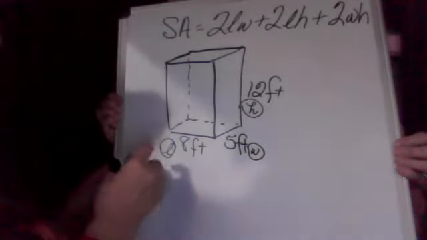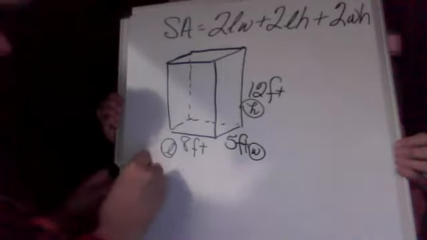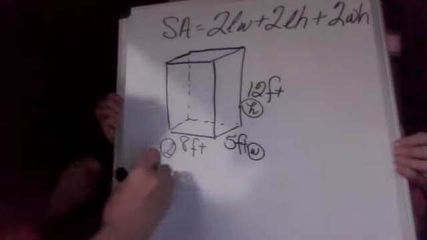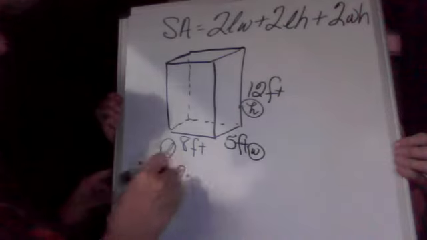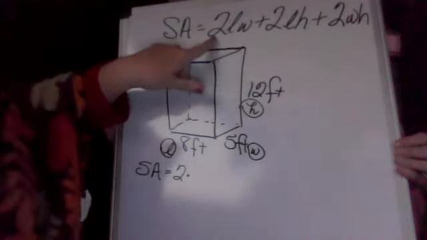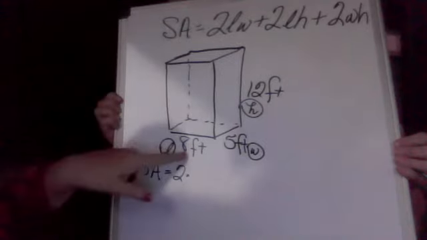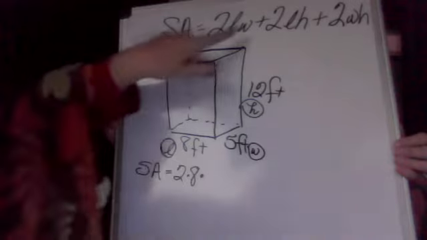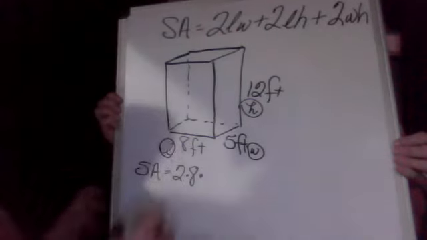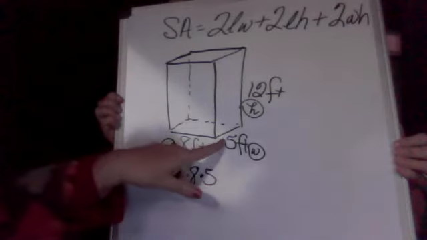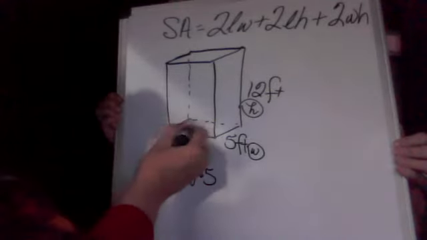So surface area equals, here we go, 2 is part of the formula. 2 times, we know that when things are crammed together, it's multiply. So it says take 2 times the length. The length in this case is 8 times the width. The width is 5. Notice that 8 times 5 gave me the area of the base.